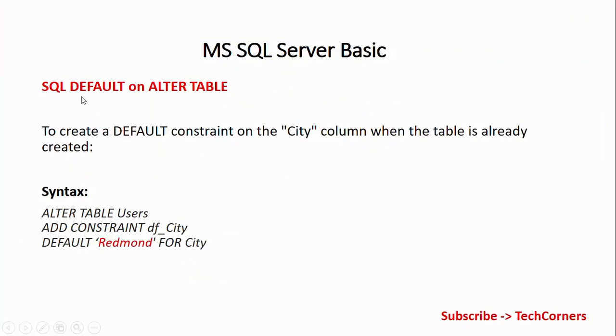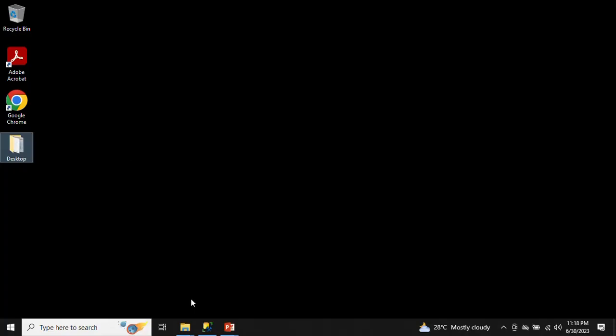Let's quickly jump on another query here. Let's do the default on order table. Let's see if we don't have the default column. So to create a default constraint on the city column when the table is already created. Let's say we have created the table, but we did not specify any default constraint over there. So how we can do it? Let's quickly see that.